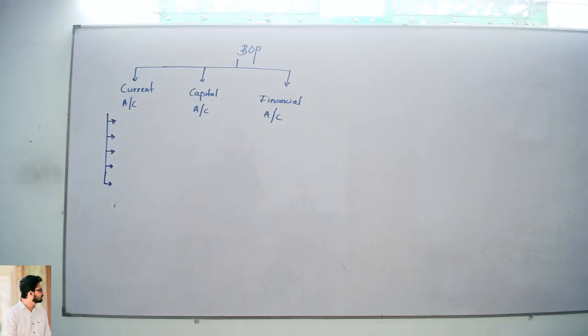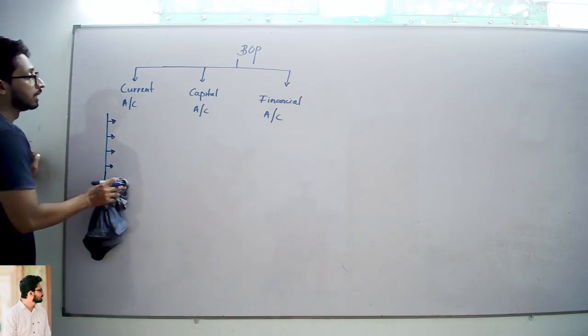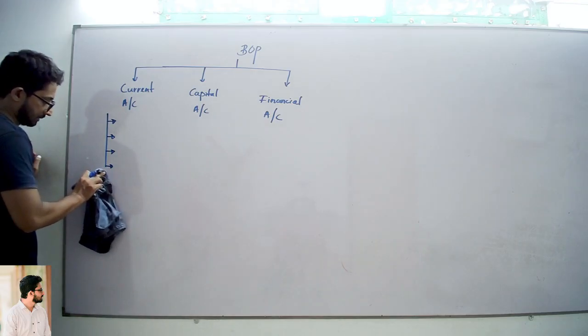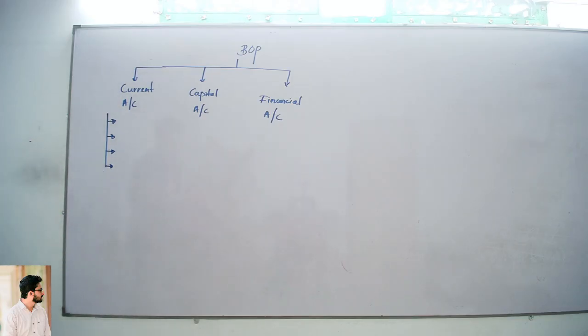Current account is the sub part of balance of payment in which all recurring transactions are recorded. The nature of these transactions is that they take place continuously, every year, every month. In the current account, there are four sub accounts.